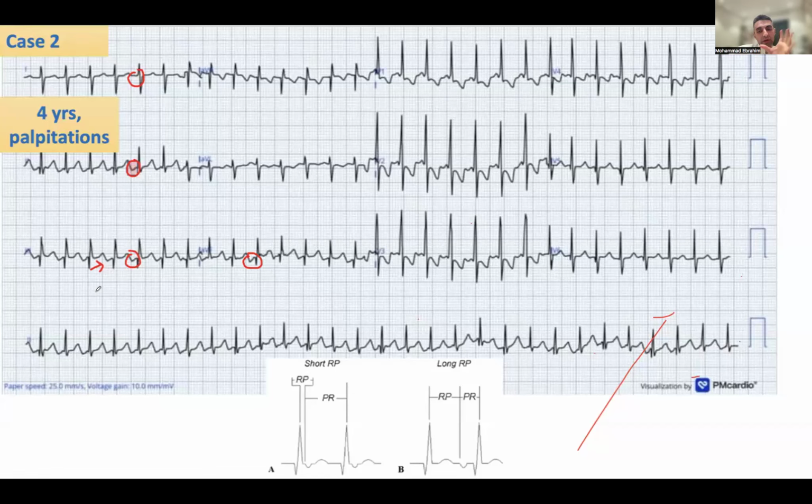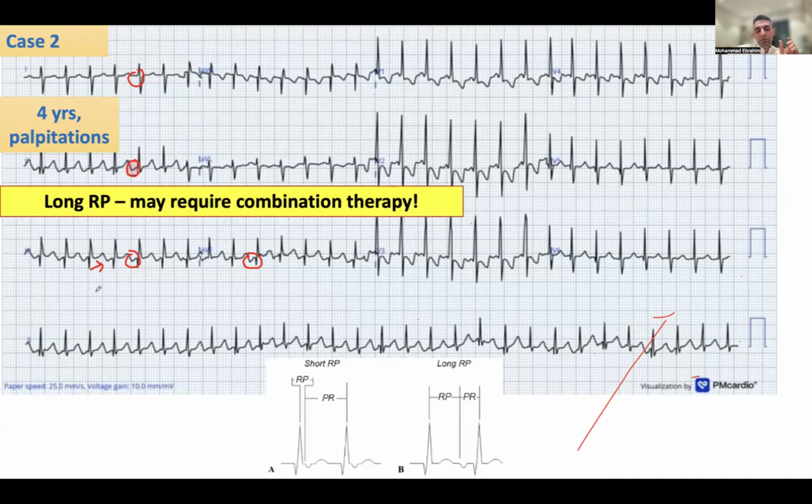So when you recognize a patient with long RP tachycardia, you might want to give a combination of oral agents, a couple of them at the same time, because these patients are usually difficult to treat with one single agent. So usually you want to give good doses, combination, and use highly potent drugs like flecainide, and so forth. So that's why it's important to recognize the type of SVT. Short RP, easier to manage. Long RP, more difficult to manage.